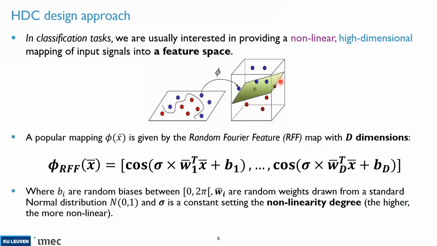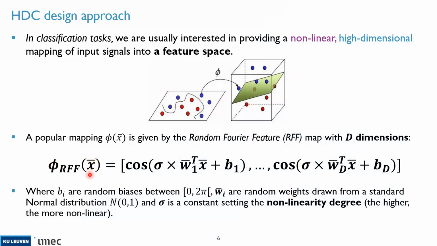In fact, one such feature mapping that is quite popular in machine learning is the so-called random Fourier feature mapping, the RFF mapping. And the RFF mapping works as follows. This is the formula for that mapping.